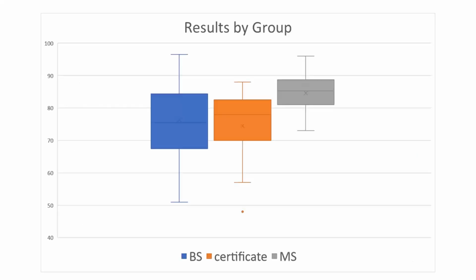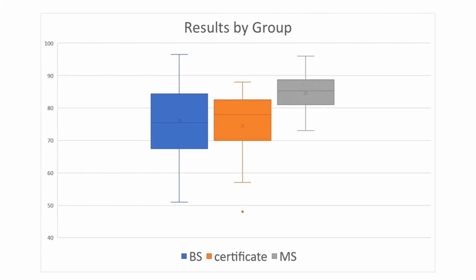Now, the certificate people have been concerned that they do not have the proper background for this class. I have been trying to make this class work for people of a great variety of backgrounds. In this chart, the lines going up and down are the range of scores by that group. The blue on the left is the students with a bachelor's degree.